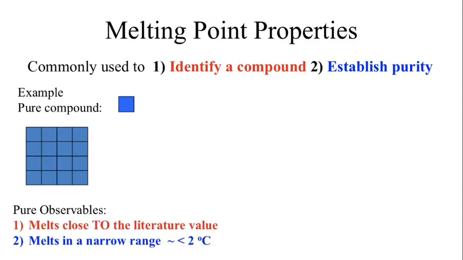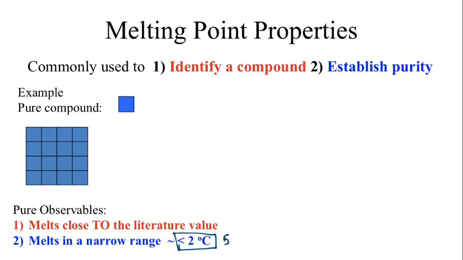So when we're looking at a pure compound, what we would expect is our melting point would be very close to the literature value for that compound. This is the same compound. And then we would also expect the range to be fairly narrow. Narrow is kind of an arbitrary term. In general, most people seem to accept less than 2 degrees Celsius being a narrow range.